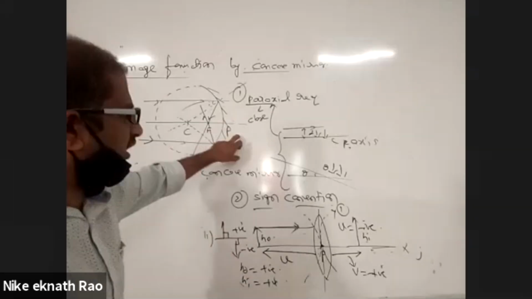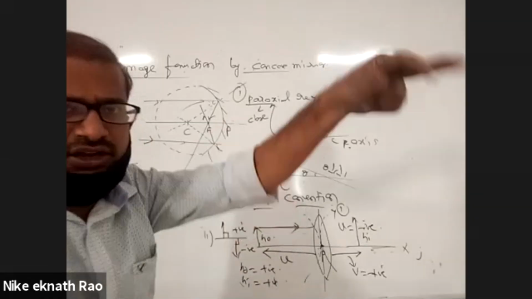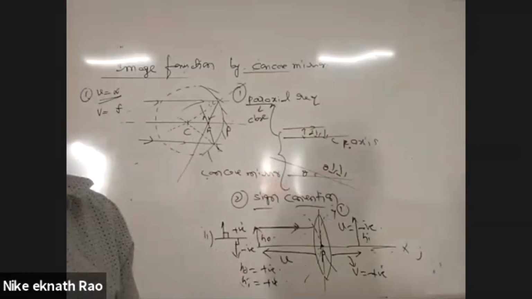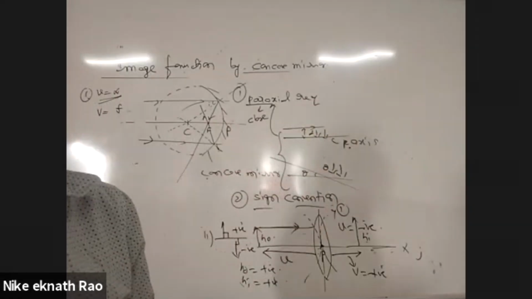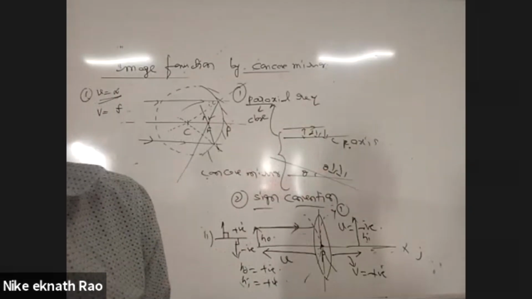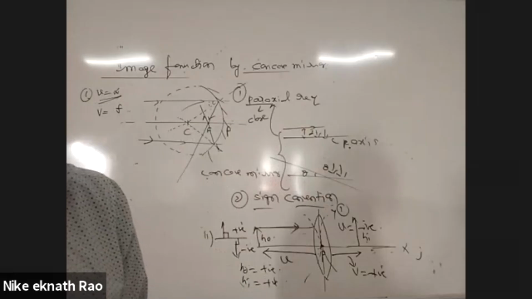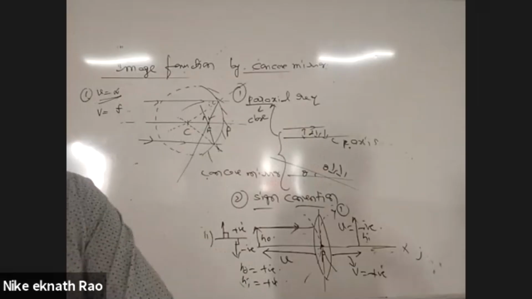Write down the sign convention on the side. This is called the Cartesian sign convention.